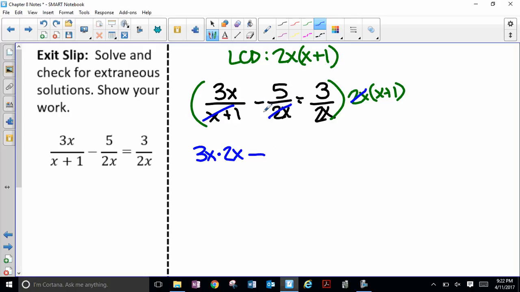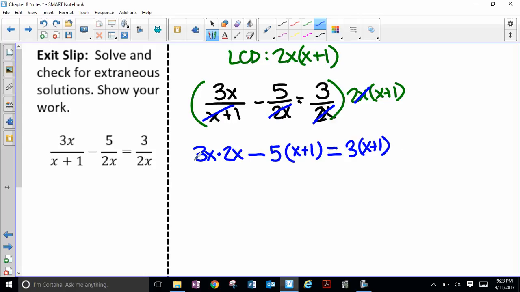So then I have a minus 5 left, which counts as a negative 5 times this parenthesis x plus 1. Bring down your equal sign. So the 2x comes back, so you can multiply by the full LCD. And then this time the 2x goes with the 2x. So then I'm left with the 3 and the parenthesis x plus 1. Much easier when there's no fractions.